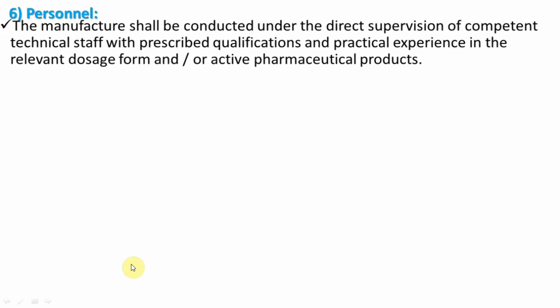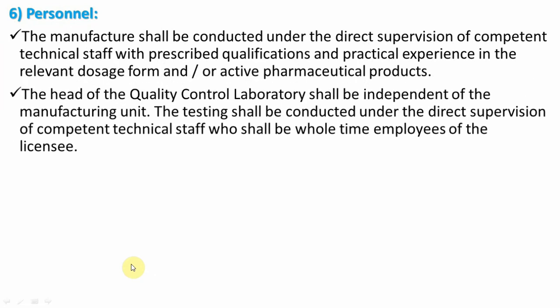Sixth is personnel. The manufacture shall be conducted under the direct supervision of competent technical staff, with prescribed qualification and practical experience in the relevant dosage form and or active pharmaceutical products.